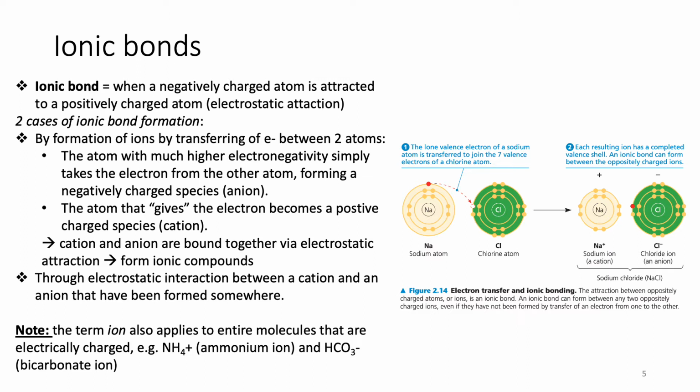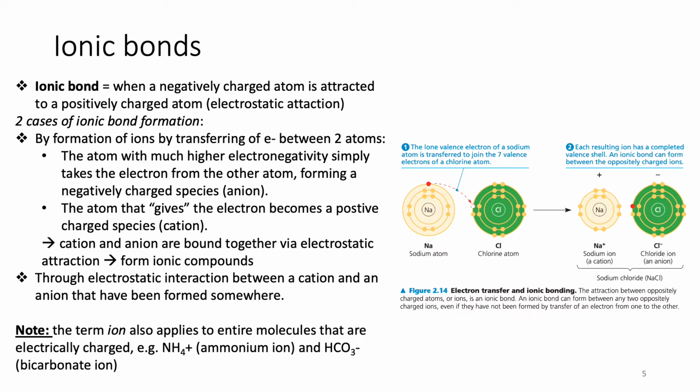The atom that gives the electron becomes a positively charged species, and we call this a cation. A charged atom or molecule in general is called an ion. Once formed, the cation and the anion are bound together via electrostatic interaction to form ionic compounds.